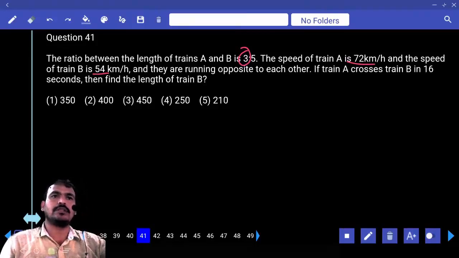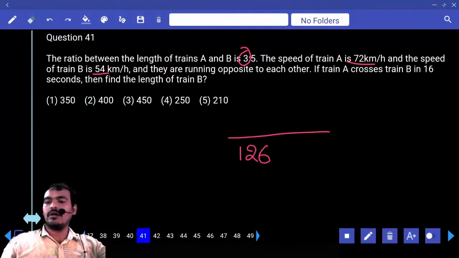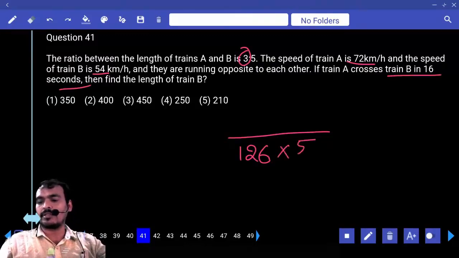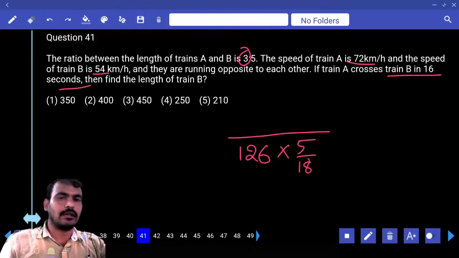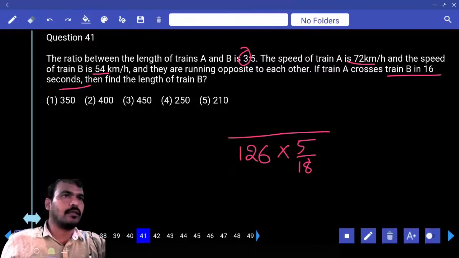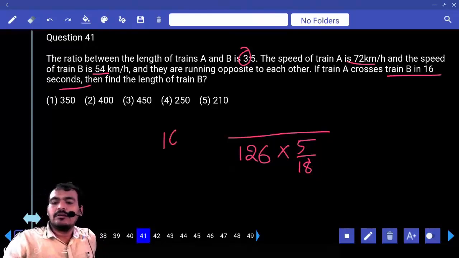Opposite direction means speeds are adding or subtracting? Adding. What is the speed value? 126. Because time is given in seconds or minutes? Seconds. Then the speed value is converted to meter per second, so 126 into 5/18. It is the speed value. Next, time is already given as how many seconds? 16 seconds.